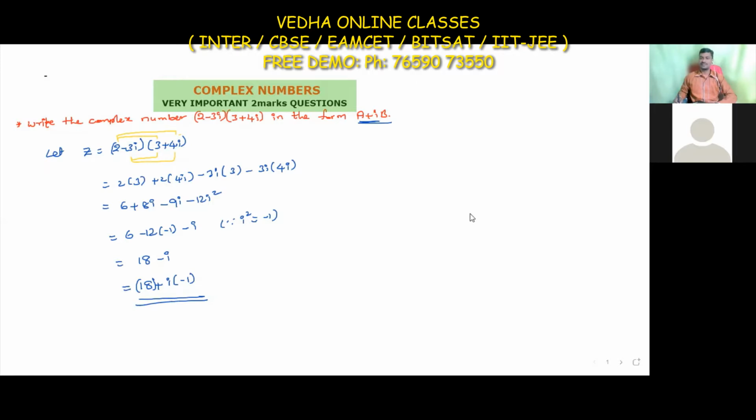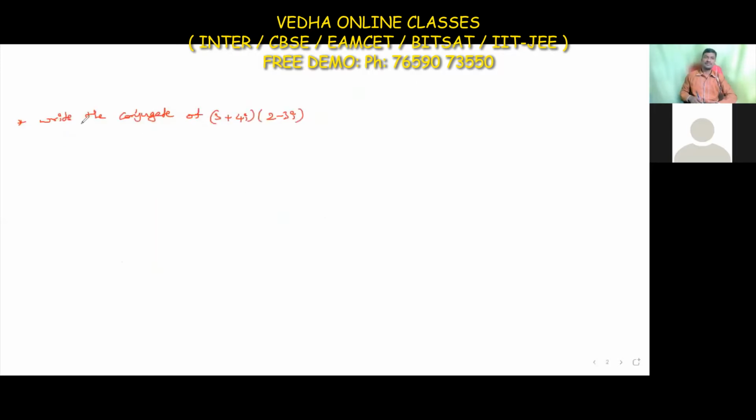Now look at this question. Write the conjugate of (3 plus 4i) into (2 minus 3i). Let the given complex number z equal (3 plus 4i) into (2 minus 3i).